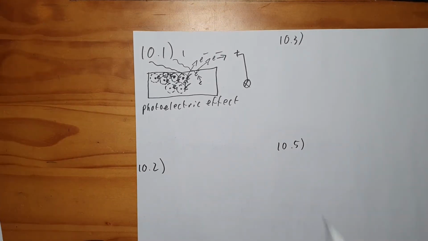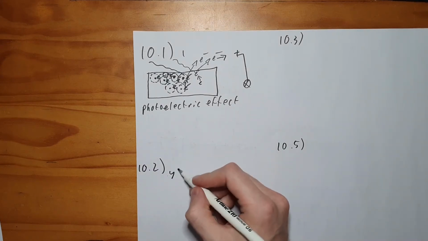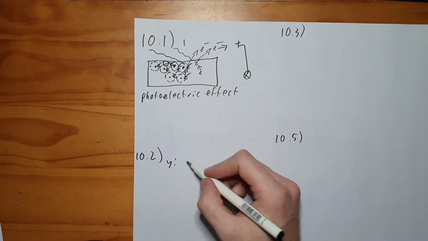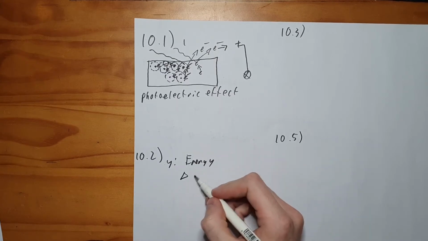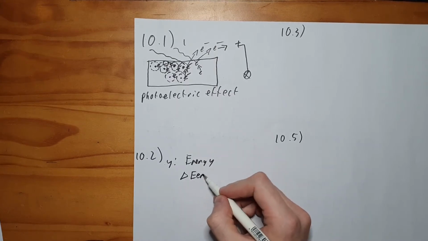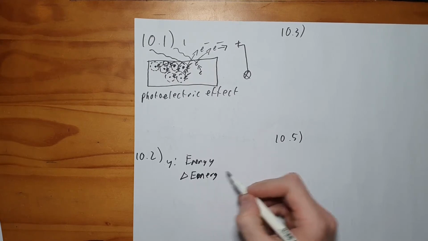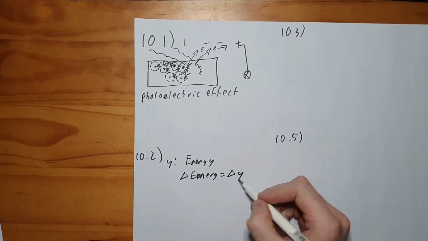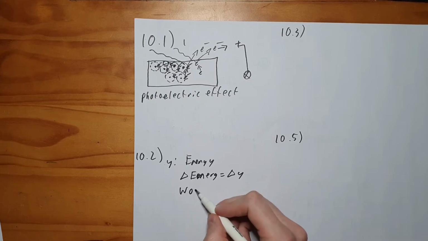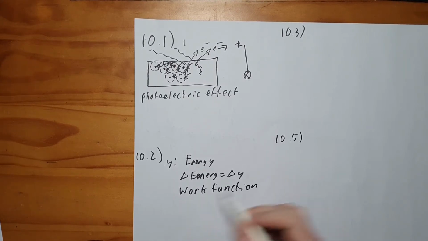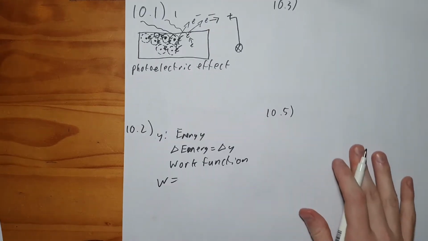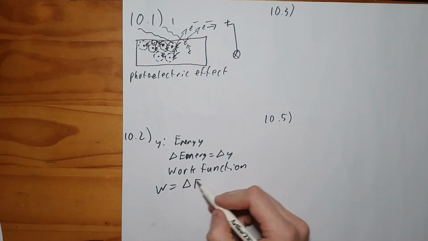Because your y-axis is measured in energy, if I take the change in energy, which is equivalent to the change in y, we're dealing with the work function. Why? Because work is equal to the change in energy.